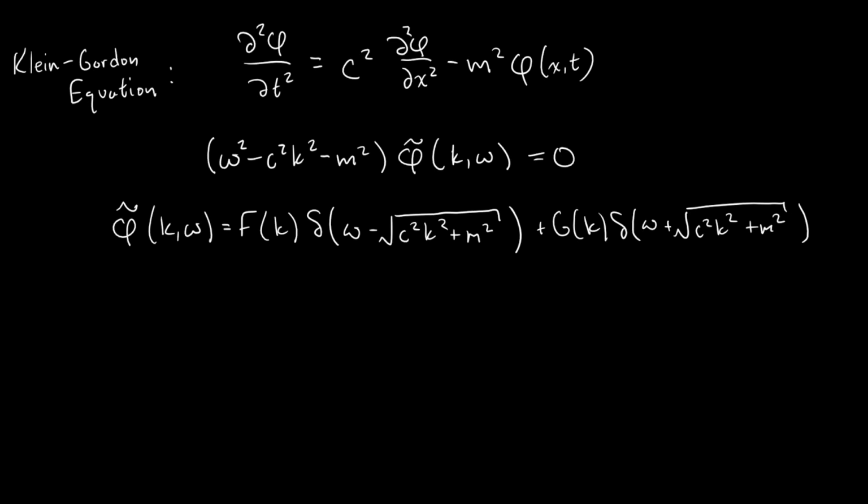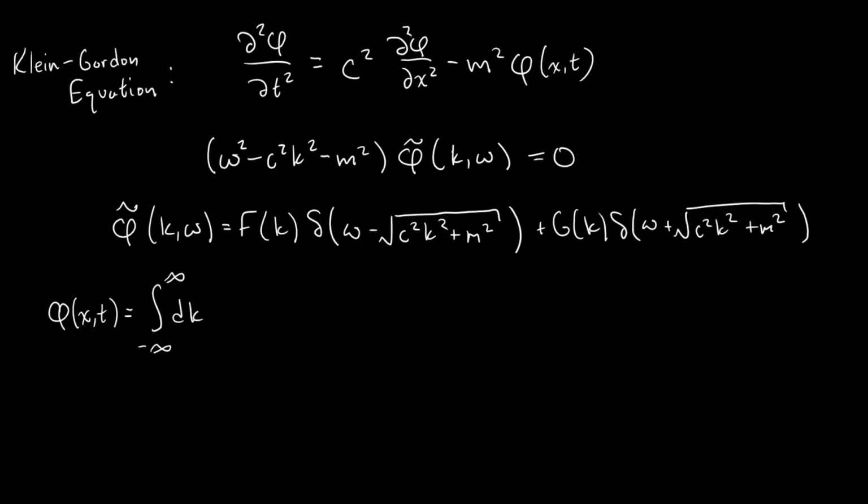Okay, so now I'm sure you're saying, okay, how does this change anything? We still just have delta functions. Who cares? Big deal. We just collapse an integral and we're good to go. Okay, well, let's do it. Let's rewrite phi of x comma t in terms of this integral.